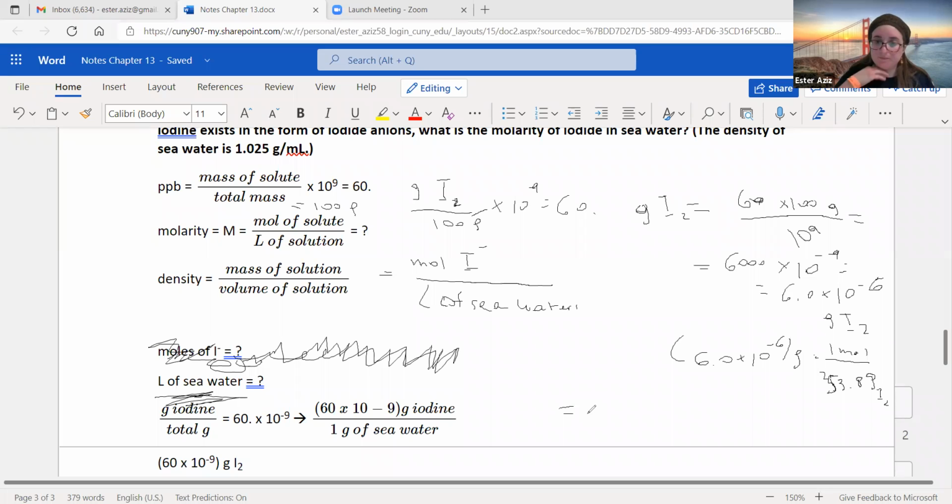Okay. Let me try to write that again a little better. 253.8. Okay, and grams cancel out, and we end up with moles of iodine.